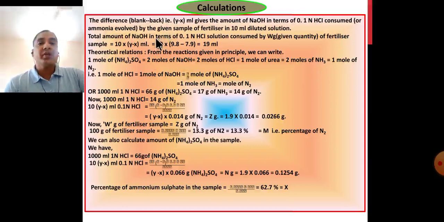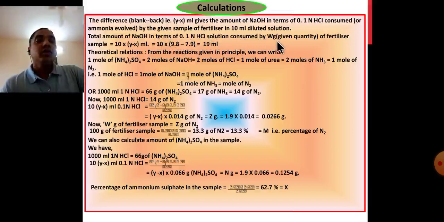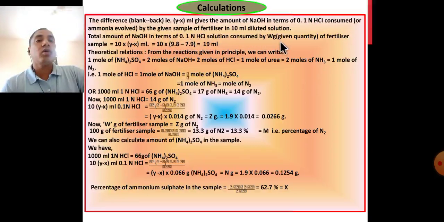Total amount of NaOH in terms of 0.1 normal HCl solution consumed by W gram, that is 0.200 gram, of fertilizer sample is equal to 10 into (Y minus X), therefore 10 into (9.8 minus 7.9) is equal to 19 ml.